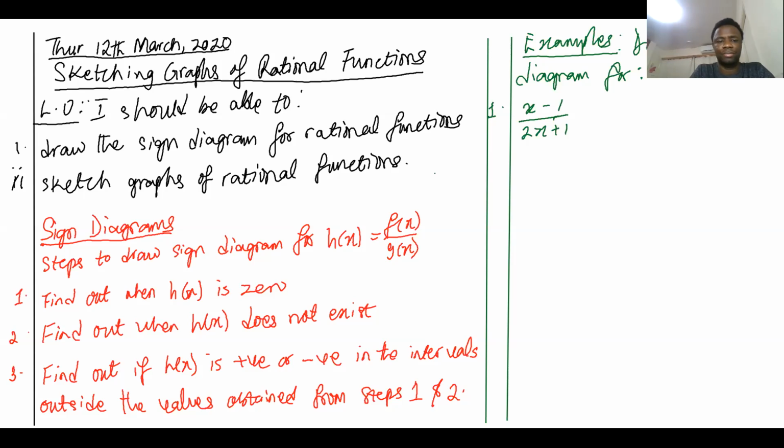So this function is equal to 0 when x minus 1 is equal to 0, which implies that x is equal to 1. So maybe I write the statement.